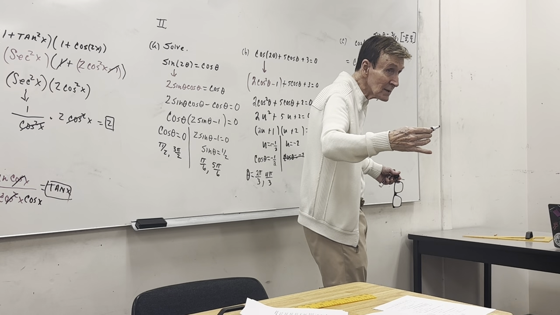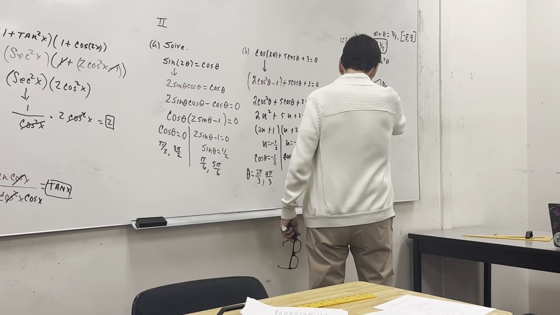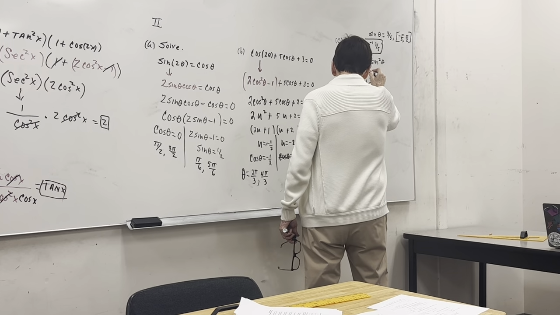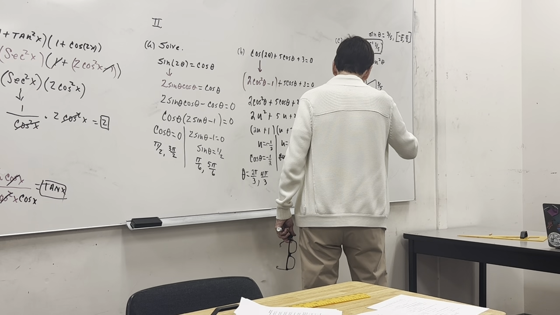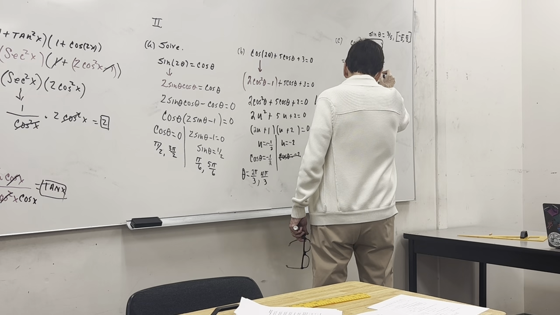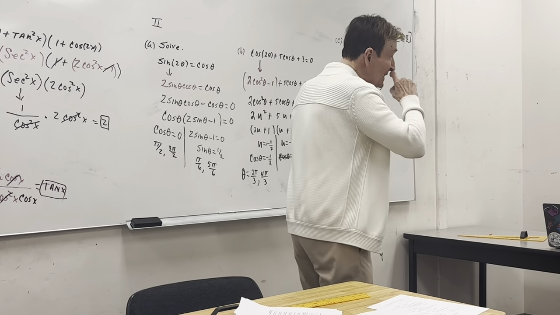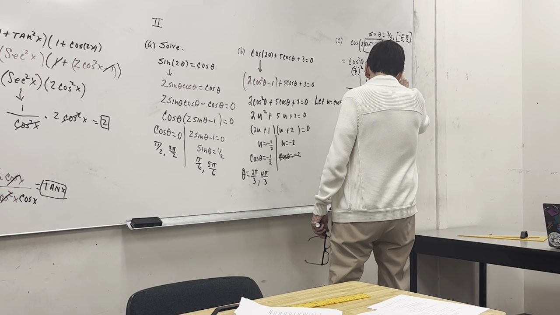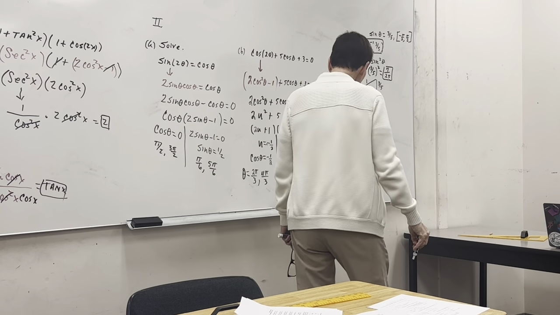Here we have cosine squared, cosine is 4/5, so 16 over 25, and sine is 3/5. So we end up with 16 subtract 9 over 25, which is 7 over 25. And there's the answer.